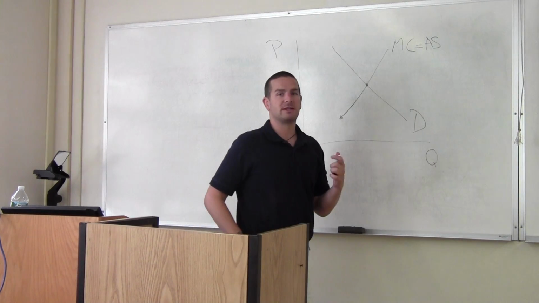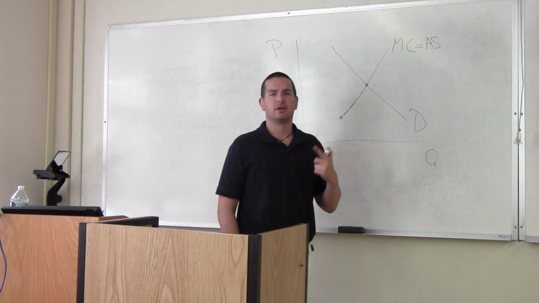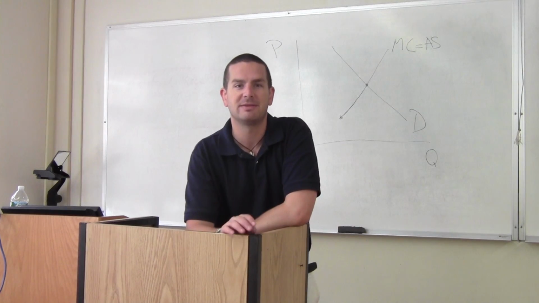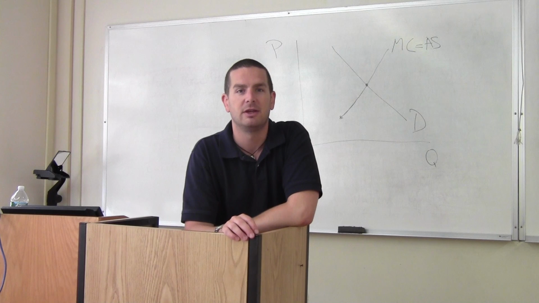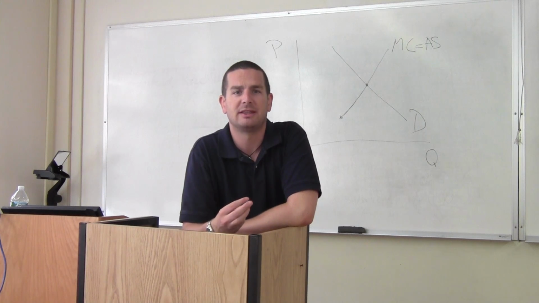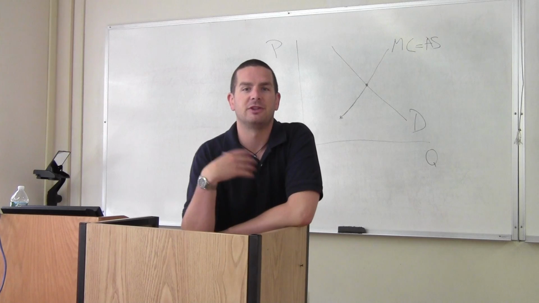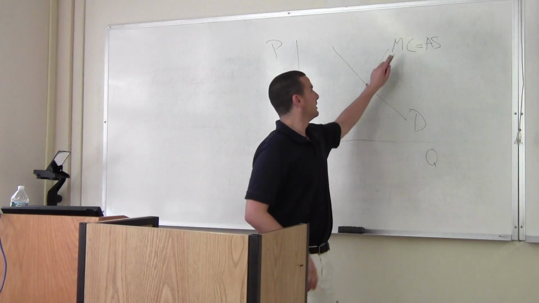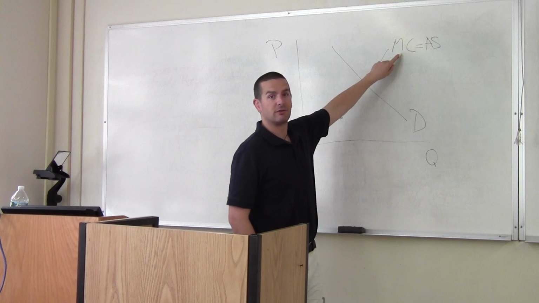What he did was he basically showed there's no such thing, and I mentioned that this is a very technical mathematical argument as to why, which we really can't get into in this class, but he demonstrated that there's no such thing as the marginal product. Well, if there's no such thing as the marginal product, there's no such thing as the marginal cost curve.